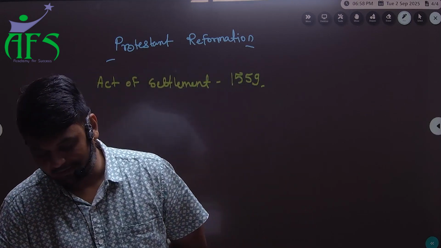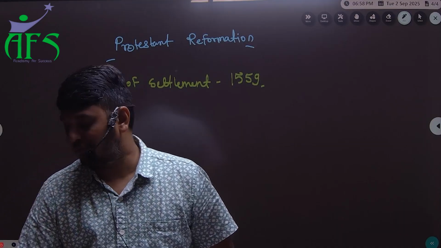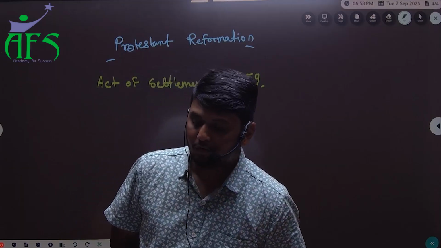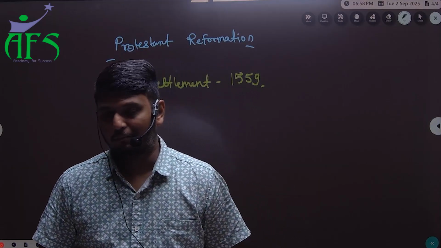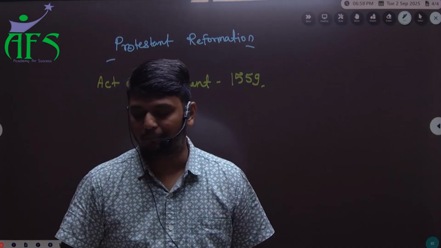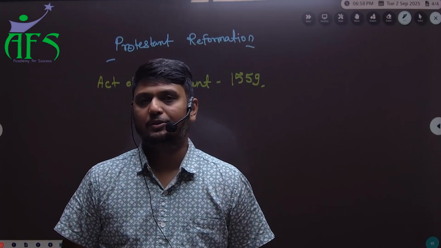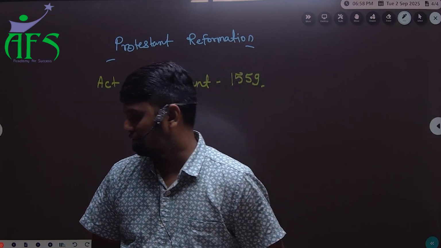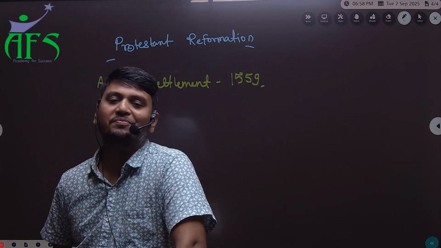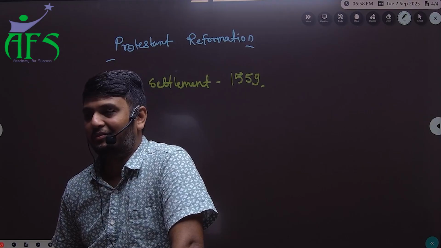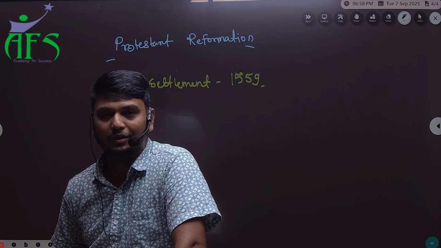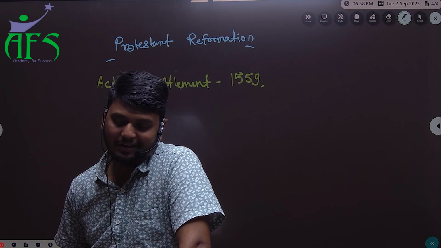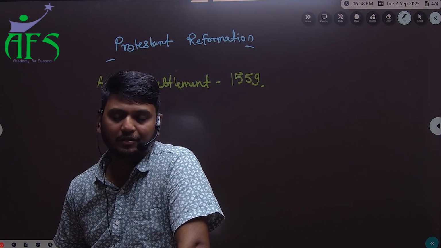What was his fault? He had translated the original Bible, which is in Hebrew and Greek specifically, into English, and that was considered his crime. So he was considered a culprit, and he was burned to death in 1535.